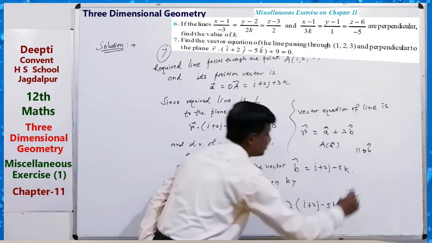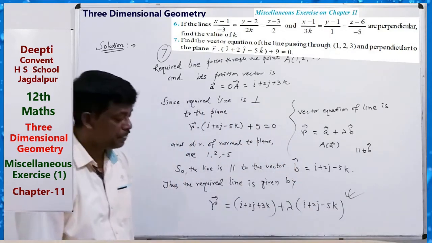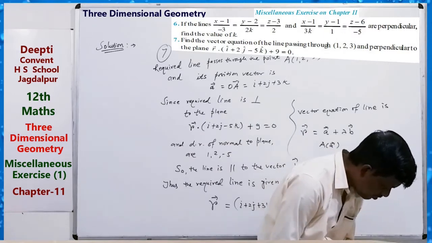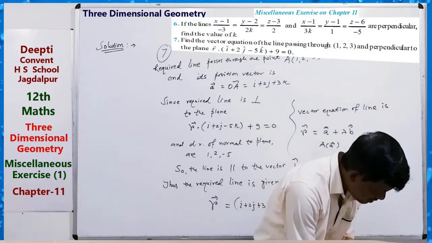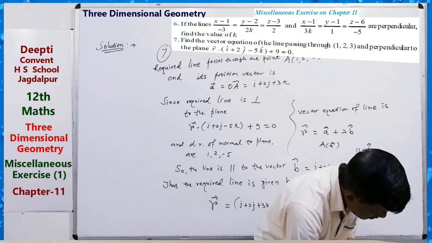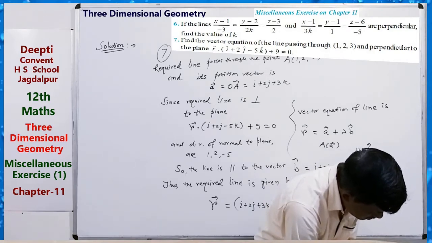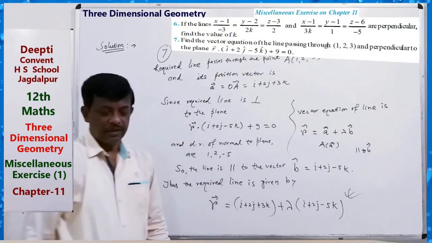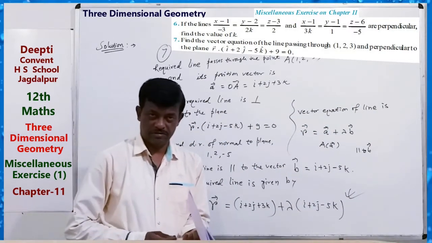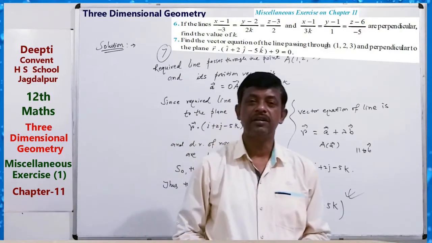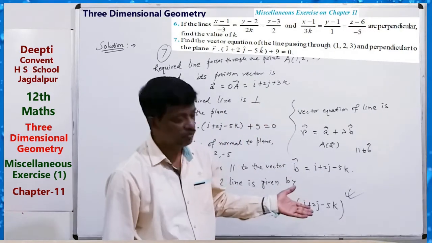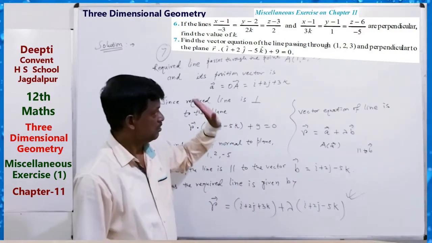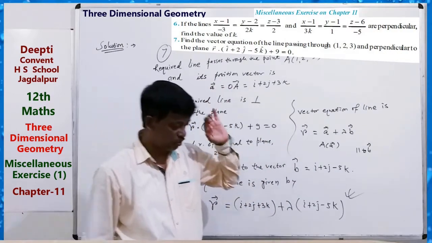So this is our required line. Okay, so that is the solution of question 7. Clear? So using the formulas for a straight line and for normals, and different types of formulas, you can solve questions. Just use the formula in the proper way.